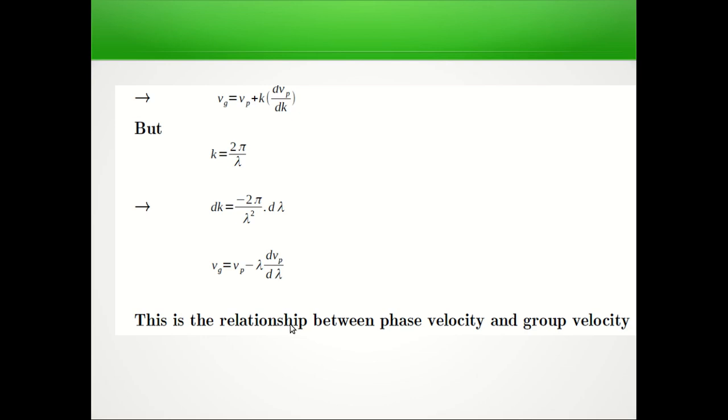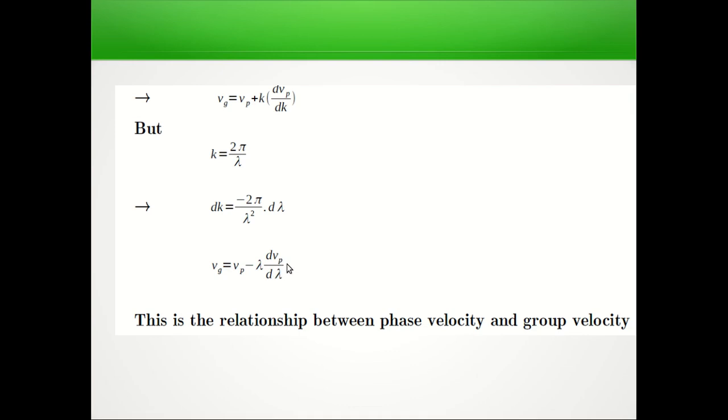This is the relationship between phase velocity and group velocity. Group velocity is equal to phase velocity minus a term. What does this particular term indicate? It indicates the variation in phase velocity with respect to wavelength or with respect to frequency.